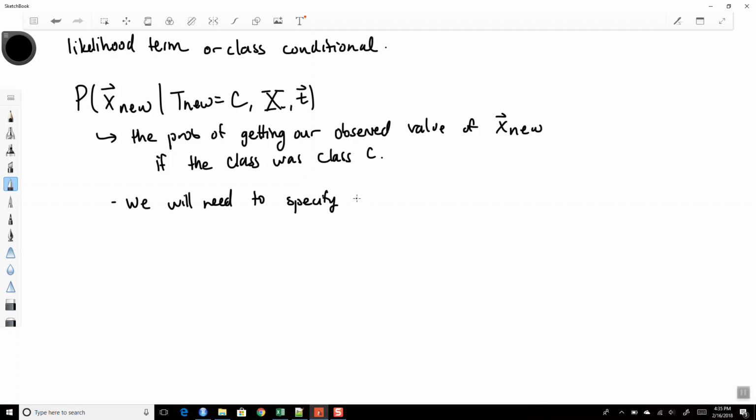We will need to specify some kind of distribution on x for each classification, for each class, okay?